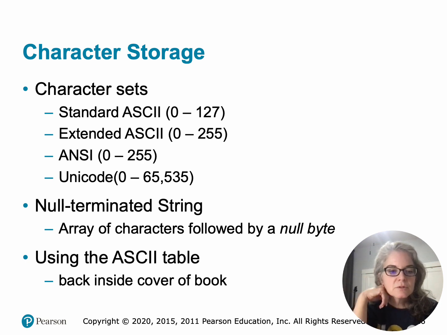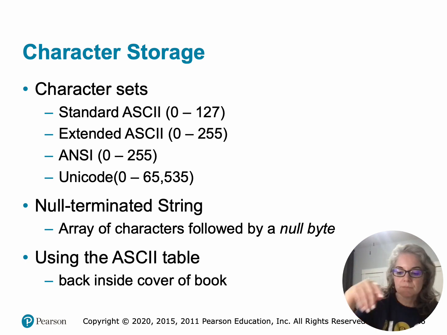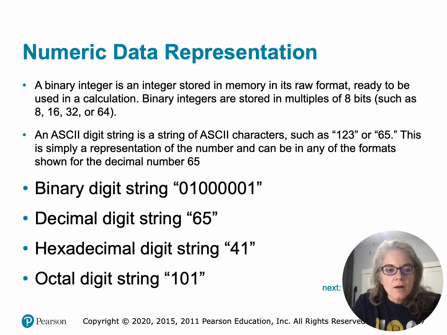So it is null terminated, and the null byte is a 0. That's the 0 in the ASCII character set. If you look at the ASCII table, we saw earlier that capital A had a decimal digit assigned to it that was 65.